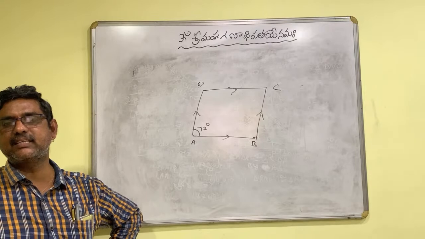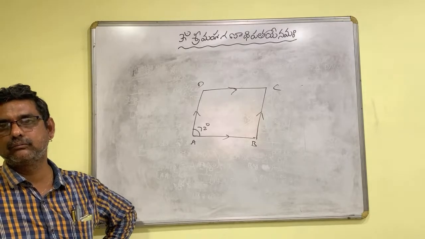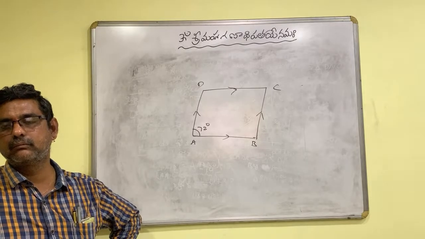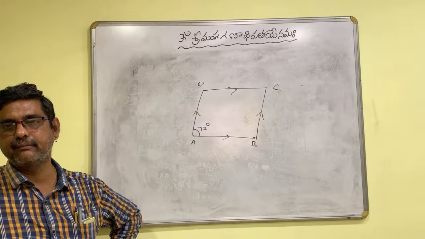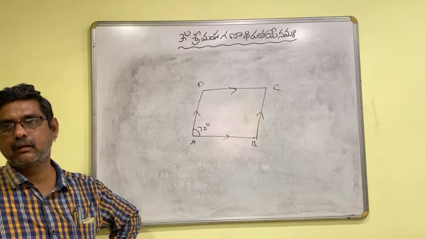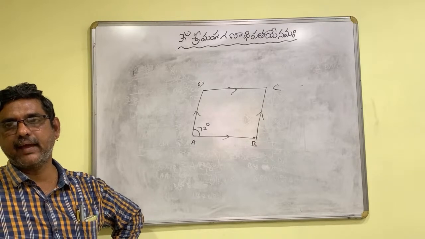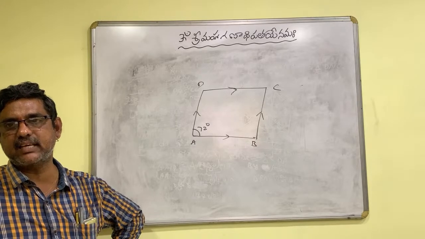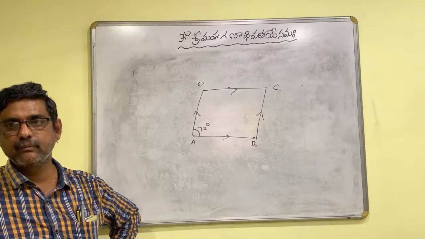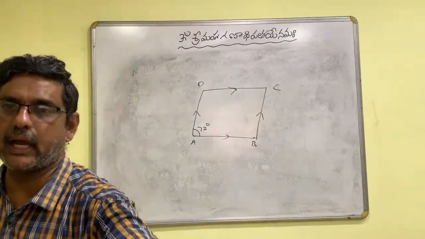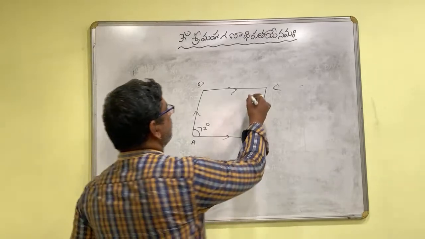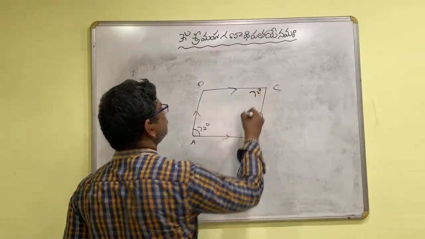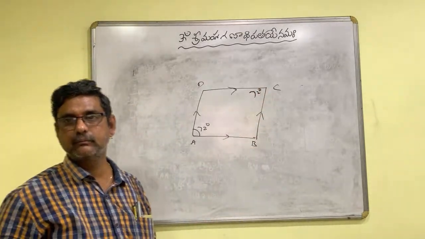If angle A is 72, then what is angle C? 72 only, opposite angles are equal in a parallelogram.